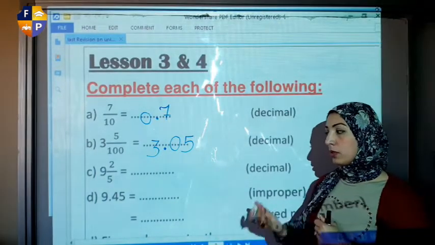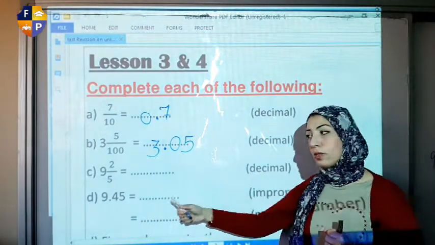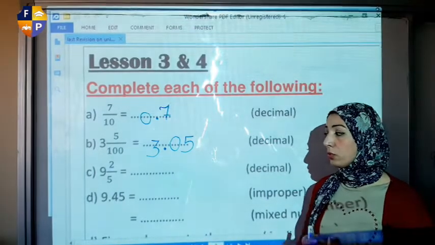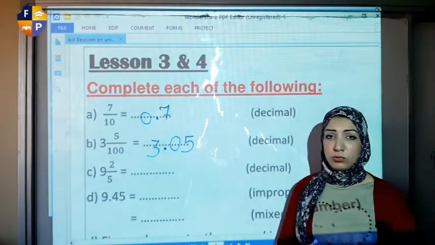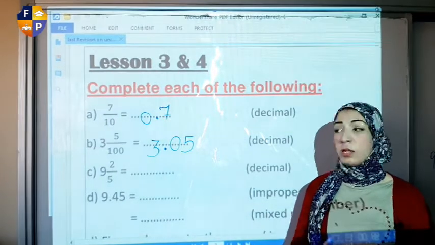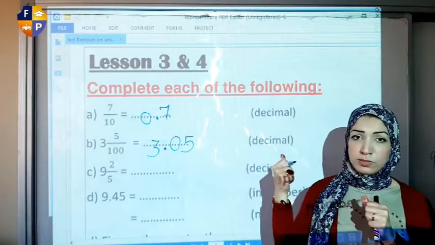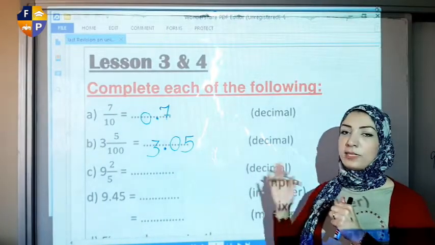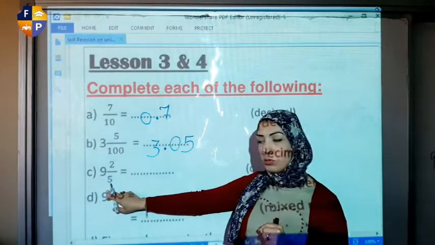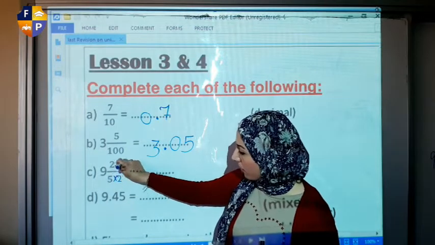Next one, 9/5. We want to change 9/5 into decimal. Now we can't change 9/5 into decimal because the denominator isn't 10, 100 or 1000. So first we have to change the denominator into 10 or 100 or 1000, then change it into decimal. We know that if we have 5 in the denominator, we have to multiply by 2 down and up.